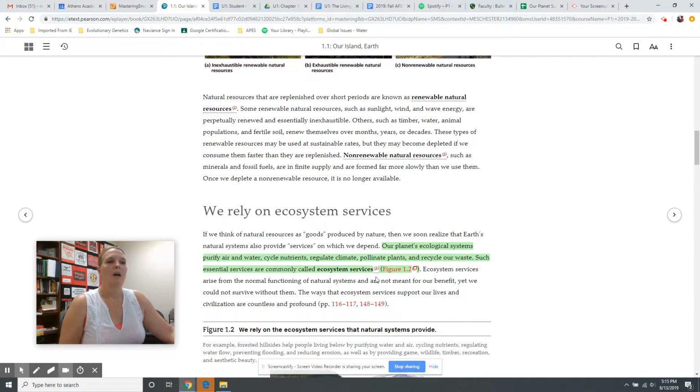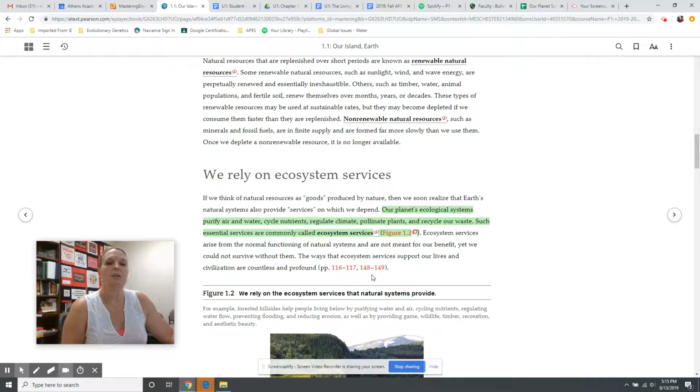Okay. The next thing the book talks about is a principle called ecosystem services. Our planet does a great job of trying to keep some of the resources that we need to survive replenished.